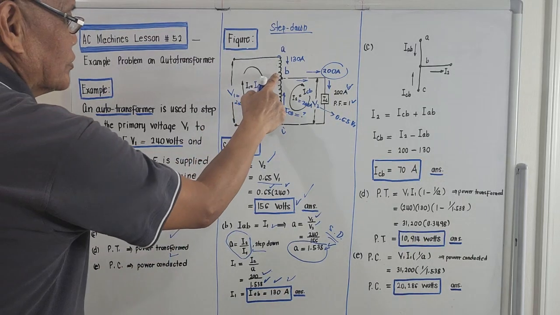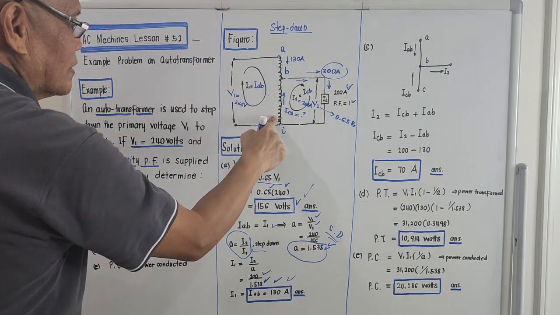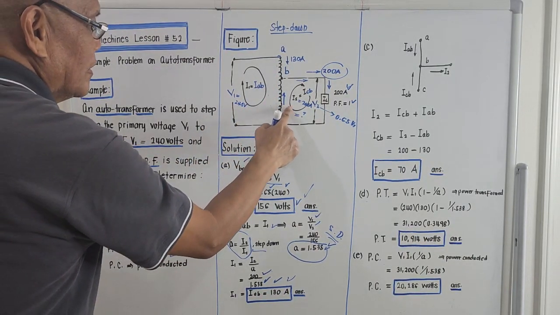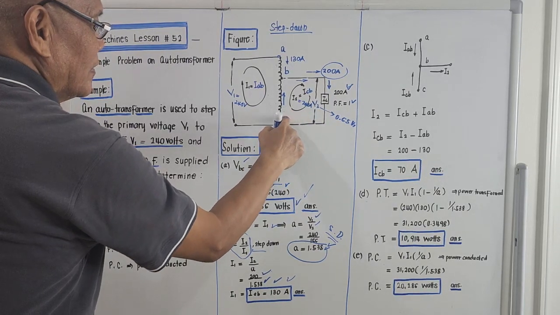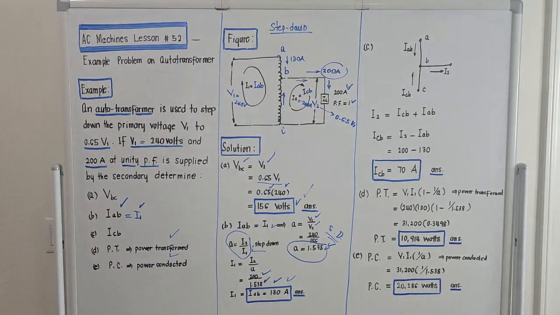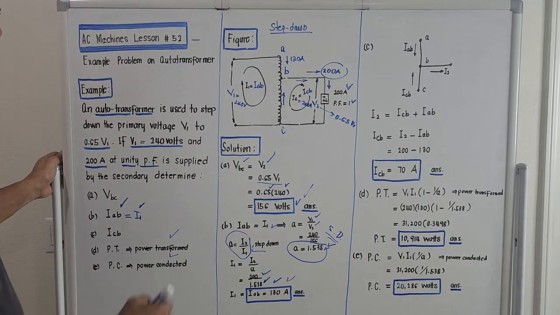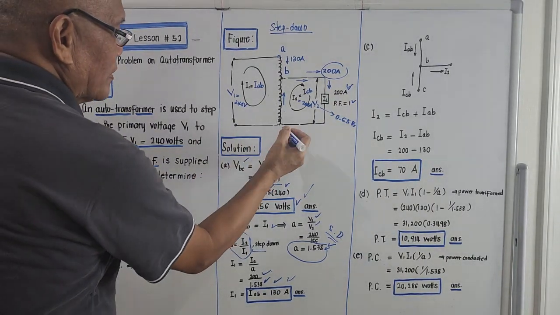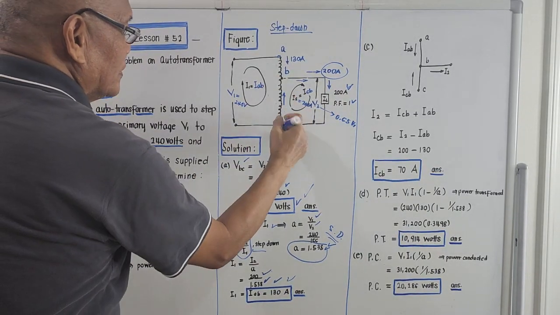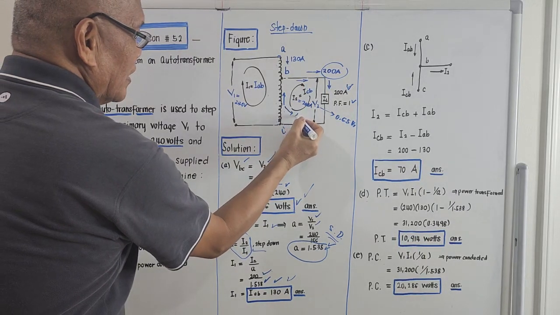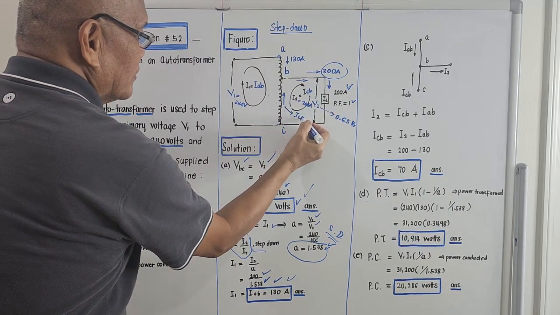Okay, I will try to erase this one also so we could visualize the current later. Right? Letter C. The problem is asking for the current from terminal C to B. It is this one here, I sub CB. Right?